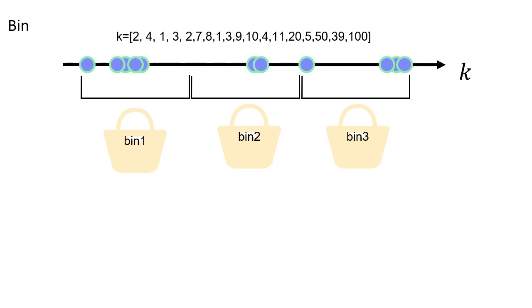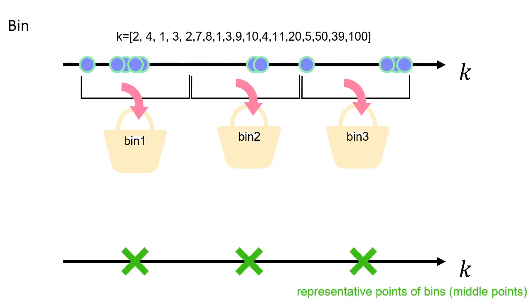Then you put their values here, and you can represent a representative value here, and you draw pk in this histogram.